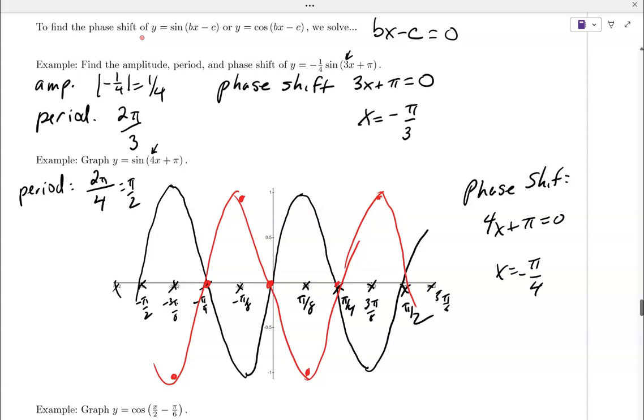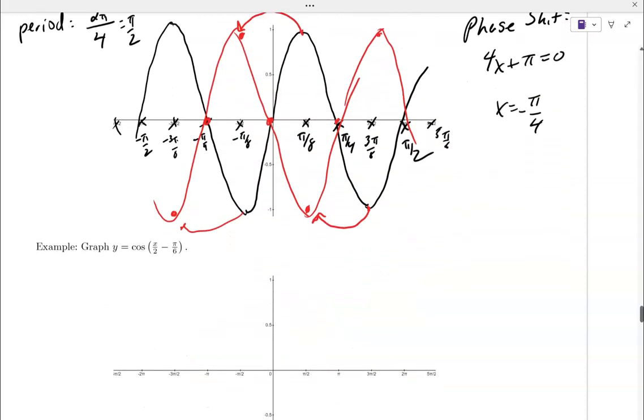But again, everything is moving left pi over 4. So this point went here. This point went here. It's probably easier to see where those points went than looking at the ones on the origin, because they look like they just landed on top of each other. This point went here. This point would go over there. Everything's going to the left pi over 4 units. That okay?